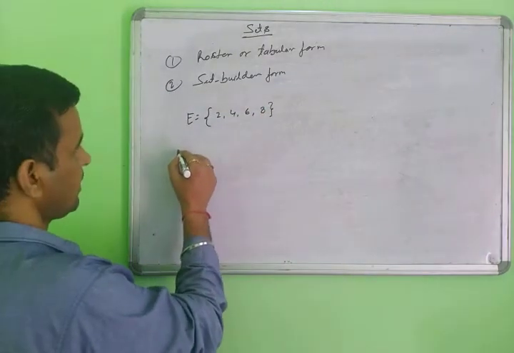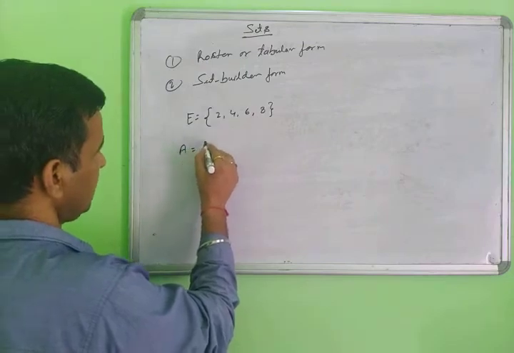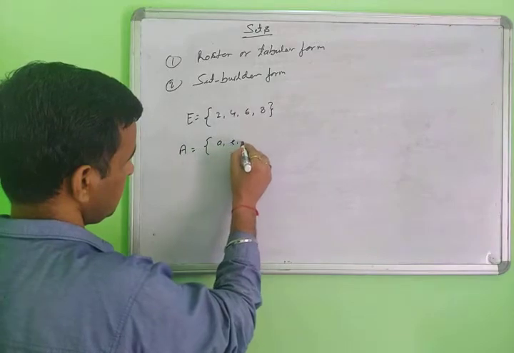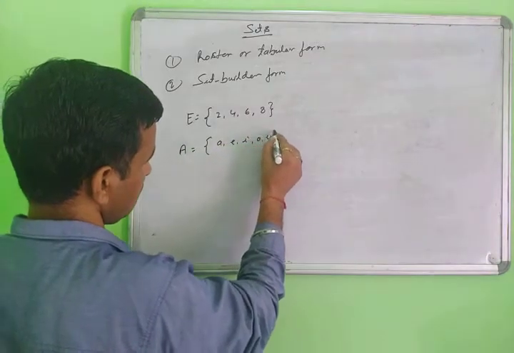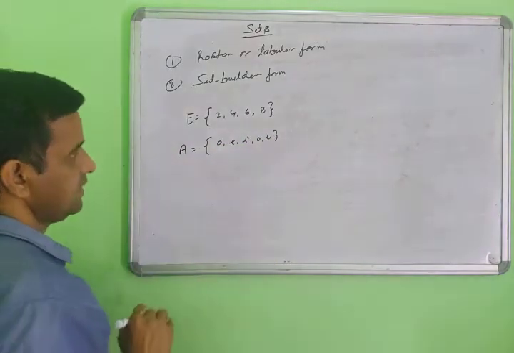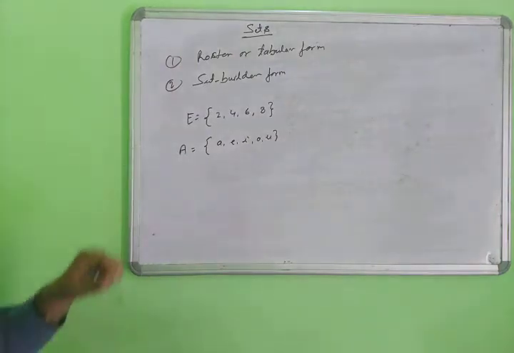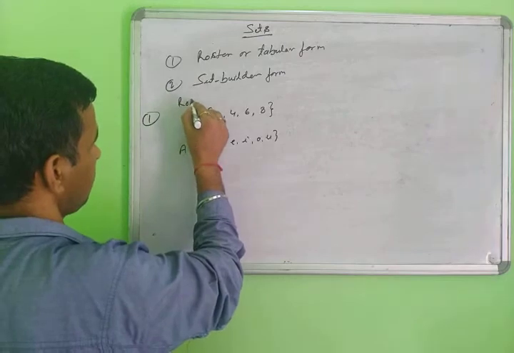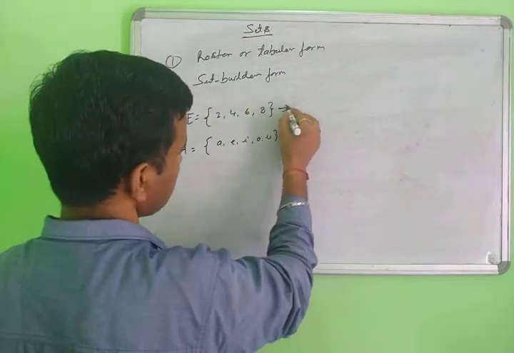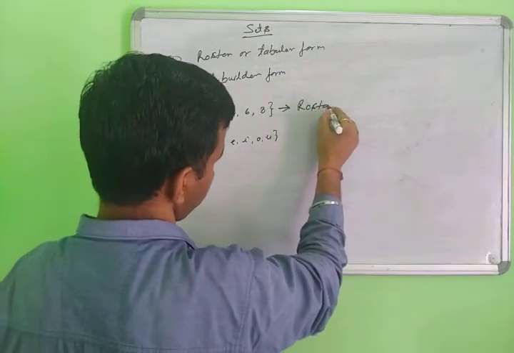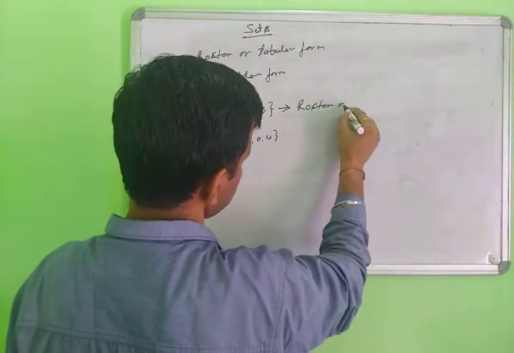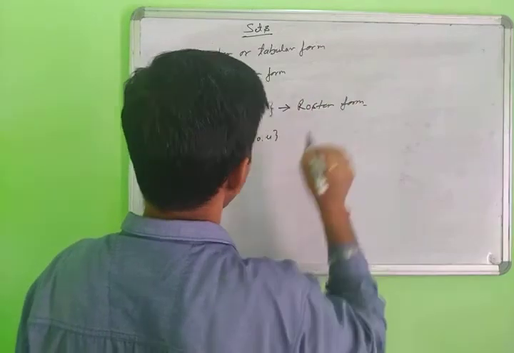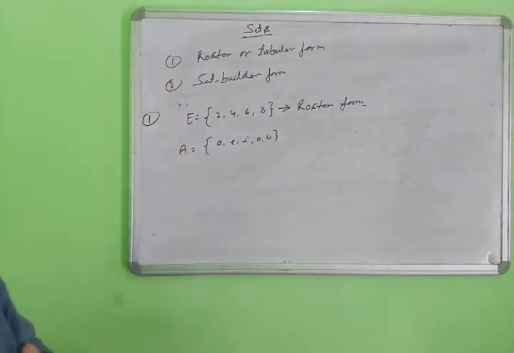Suppose I am writing any set here, A, E, I, O, U. Any other things too. This form is called the roster form.